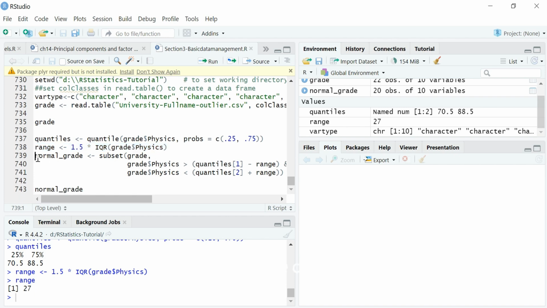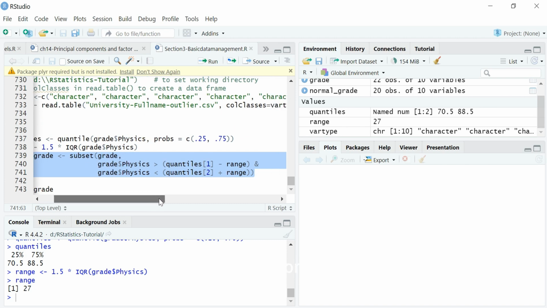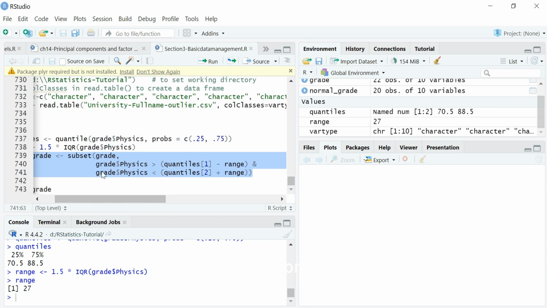Then we can filter out outliers using the subset function in R. So subset the original dataset, and the criterion for the subset is physics value larger than first quantile minus range and physics value less than third quantile plus this range, right?